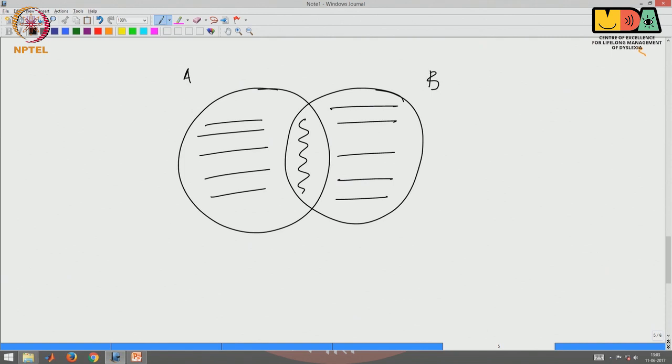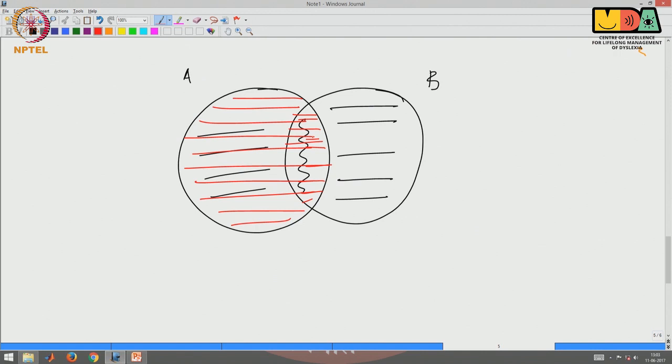Now, we will see how to color code the Venn diagram, which is what needs to be done for each and every answer. Now, let me choose one color for A. So, if I am going to color code it, I will ask my child to color it fully. Please note that I am drawing lines even in the common part because that area also belongs to A. Now, I choose a different color, say green, and then I draw lines.